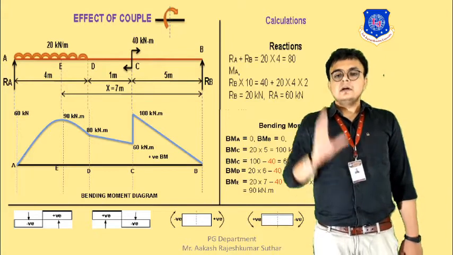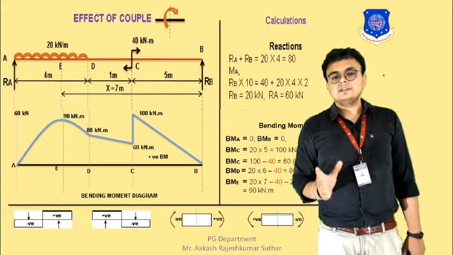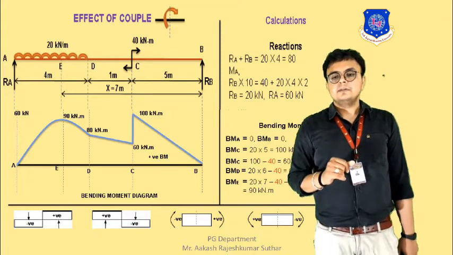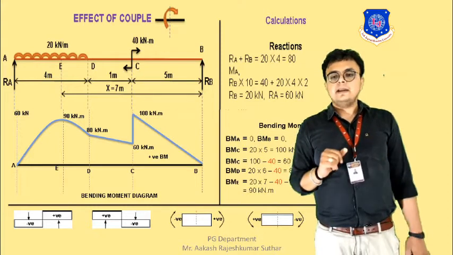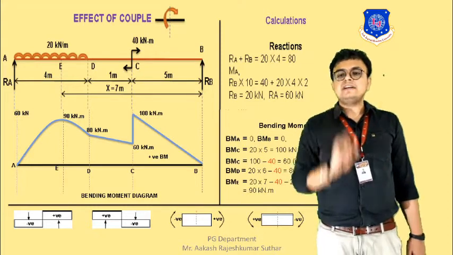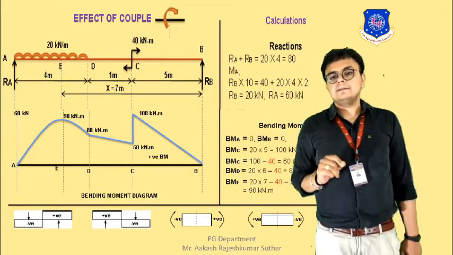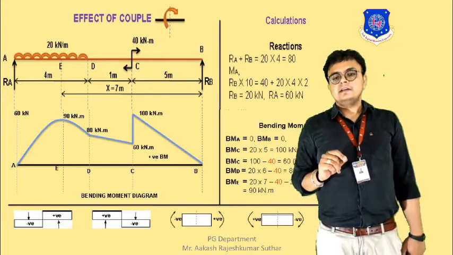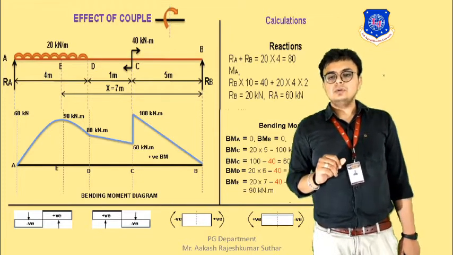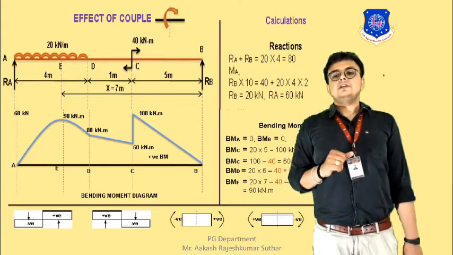Okay. Now moving towards the point D. So here the bending moment will be equal to 20 into 6 minus 40, that is the couple, and ultimately it will be equal to plus 80 kN into meter.